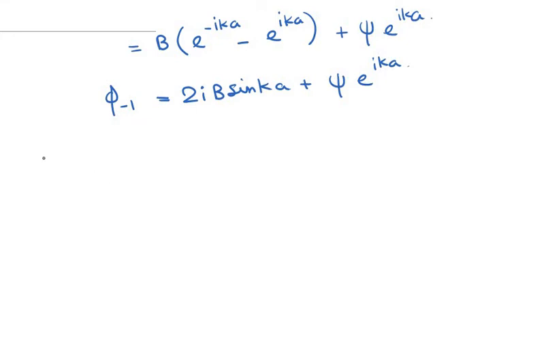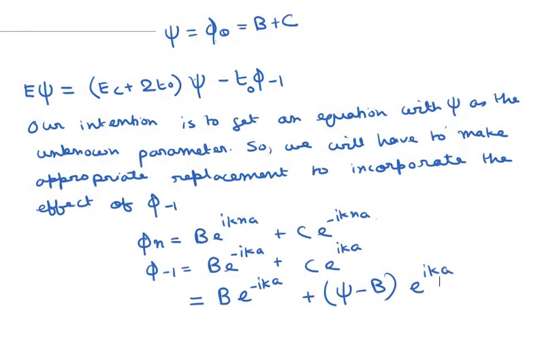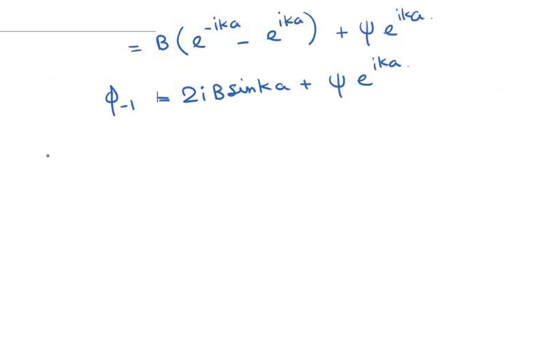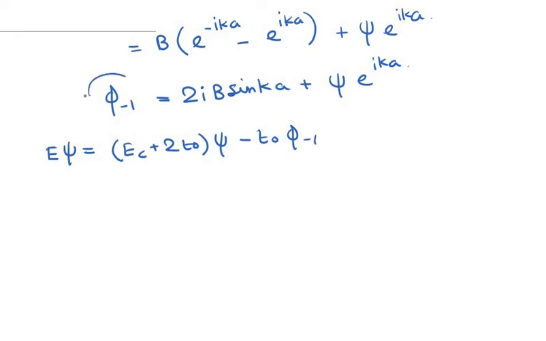So from this equation over here, let me go back to the previous page. If we make the replacement of phi minus 1 in this equation, what will we get? The entire equation was E psi equal to EC plus 2T0 psi minus T0 phi minus 1, and we make this replacement for phi minus 1 from here and put it here.